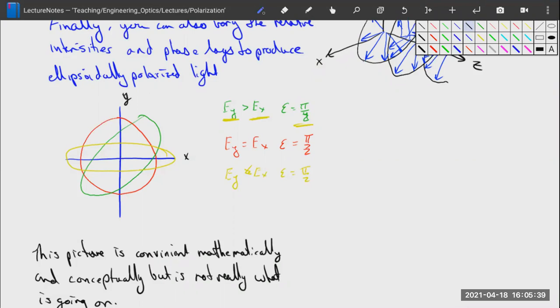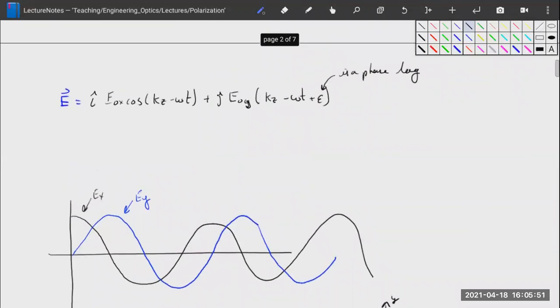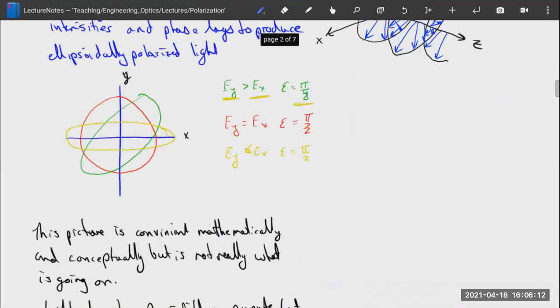But here we've said that a single wave has 2 components to its electric field wave. And those 2 components, X and Y, can have different phase lag. And that makes 0 sense, right? A single wave is going to have a single phase. That's just how it is. And so by introducing this phase lag, what we've done is we've added this kind of kludge, which is not physically realistic, right?